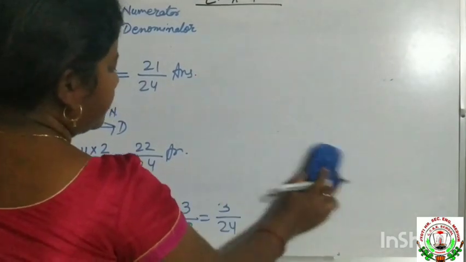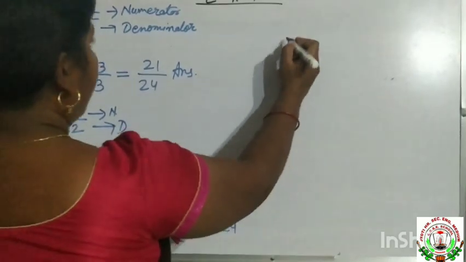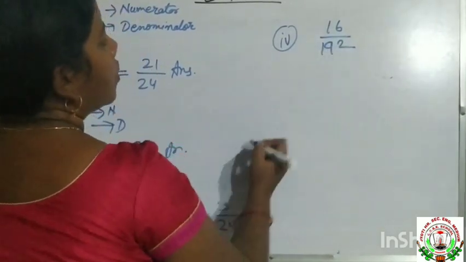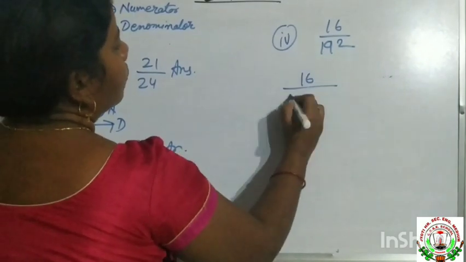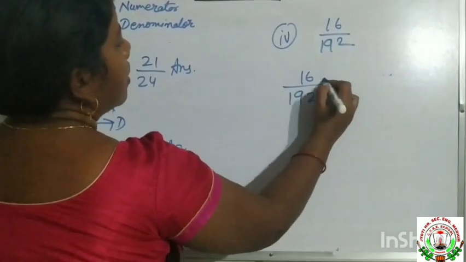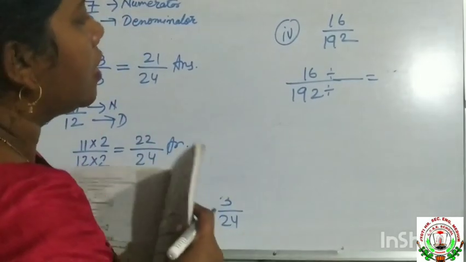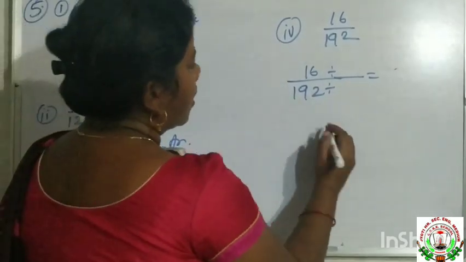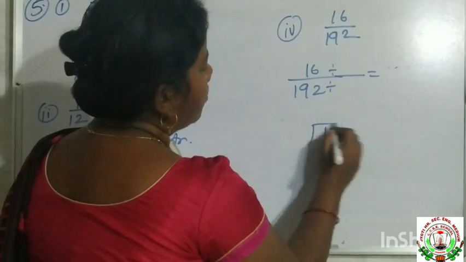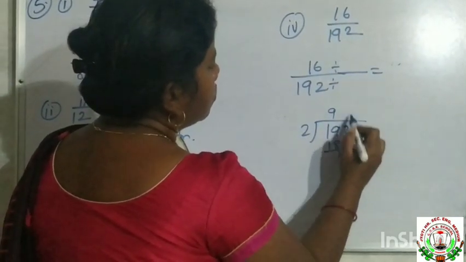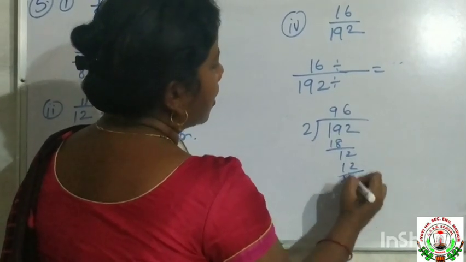Similarly, in number 4, 16 by 192. Here we will find out which number to divide by to get 24. 192 divided by 2: 2 nines are 18, 2 sixes are 12. Here we are getting 96.